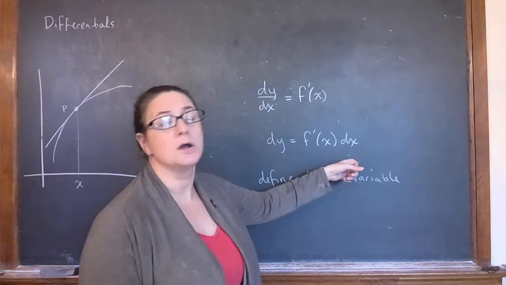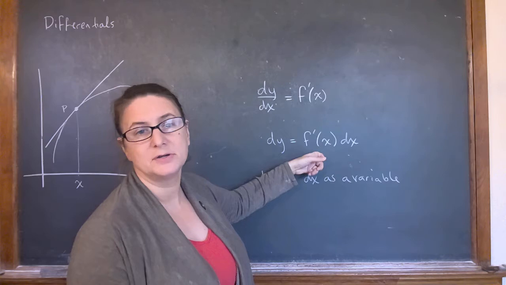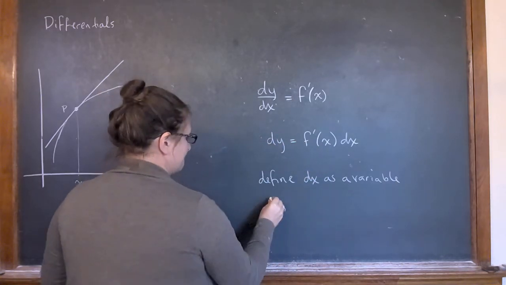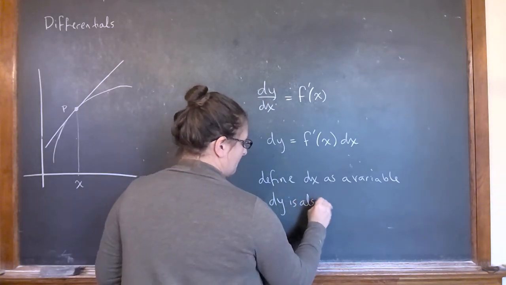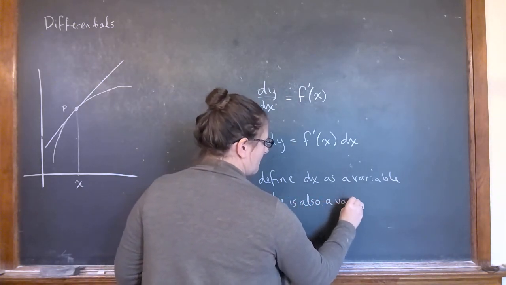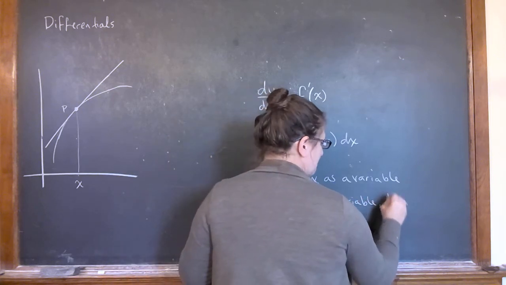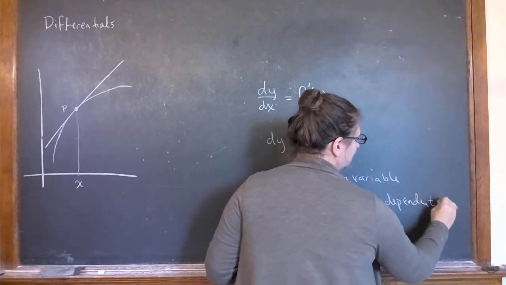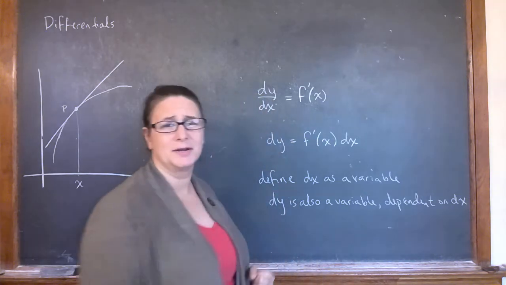It's dependent on dx, and it's dependent on f prime. So then we can define dy this way. And that's really all we're going to do with it.